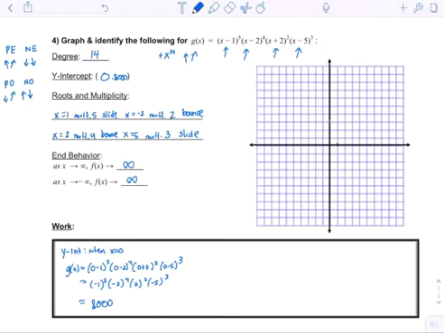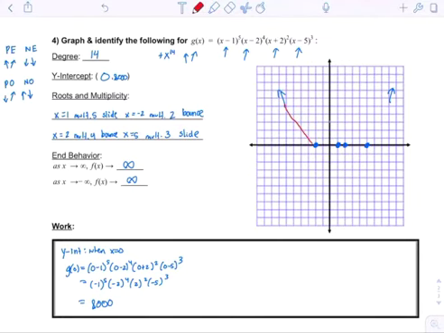So we have x equals 1, x equals 2, x equals 5, and x equals negative 2. And we know it's going to go up and up. So let's graph. At x equals negative 2, I see that it is a bounce, so we're going to bounce off that 0.